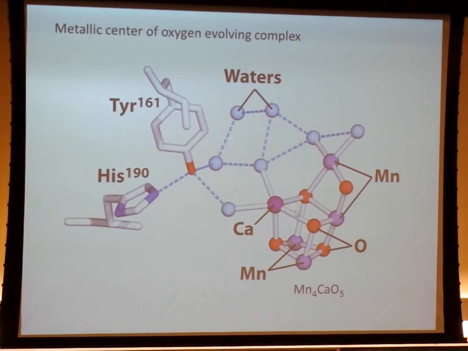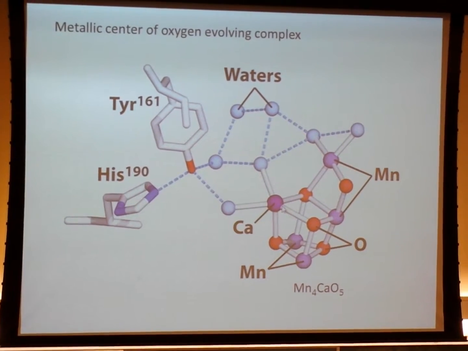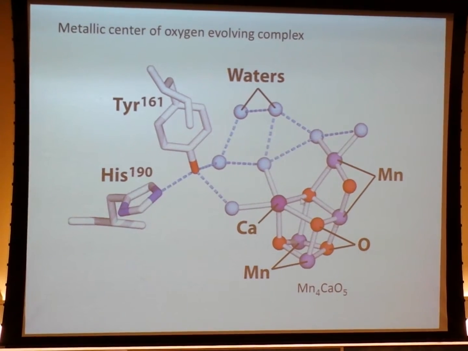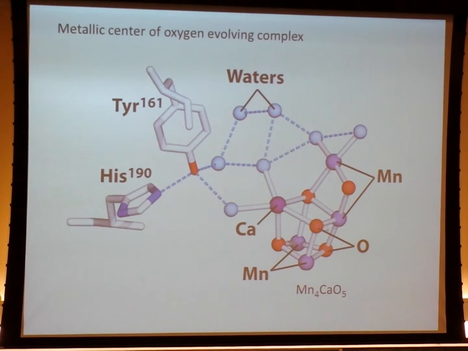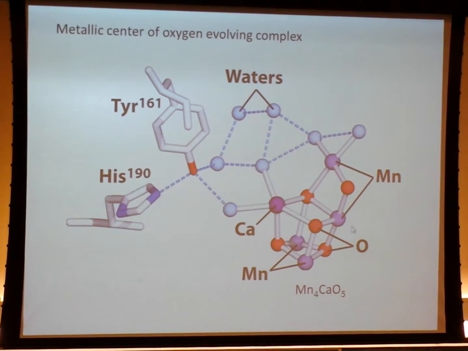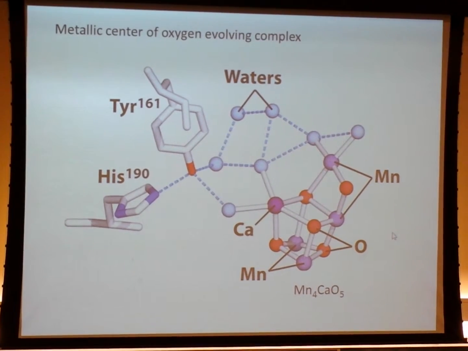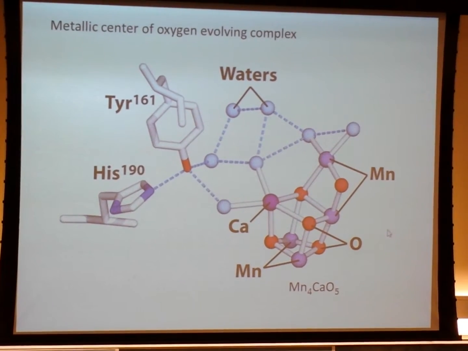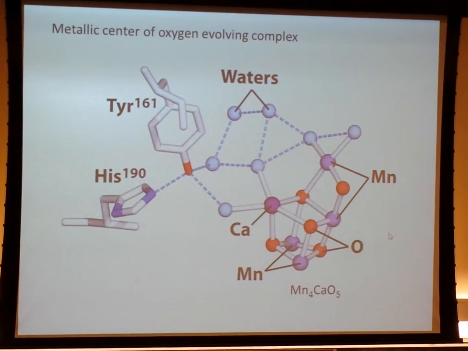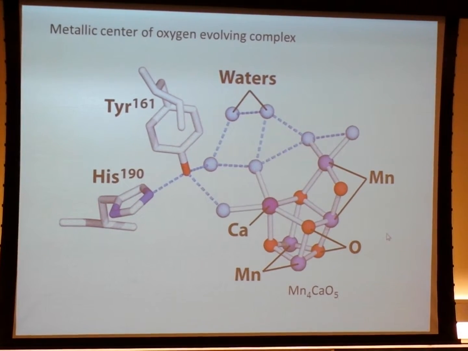It's got these manganese, and it's got a calcium ion. For a very long time, we thought there was only these manganese atoms, but that turned out to be not the case. So together, they're acting as one, and somehow pulling off this withdrawal of electrons.